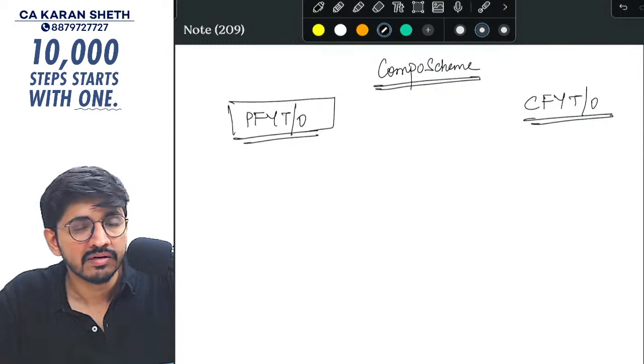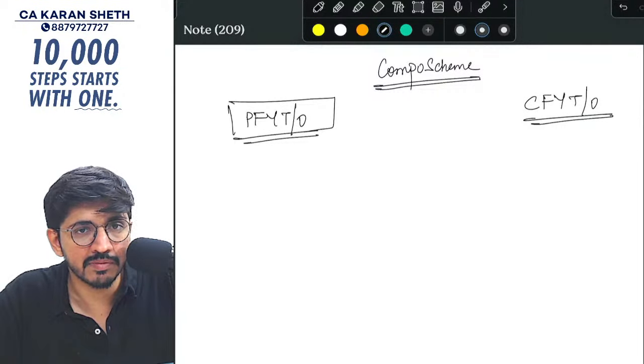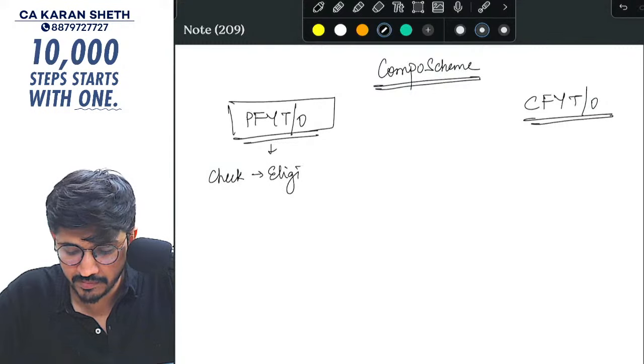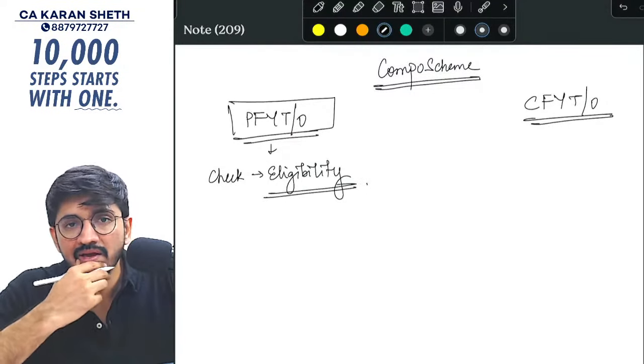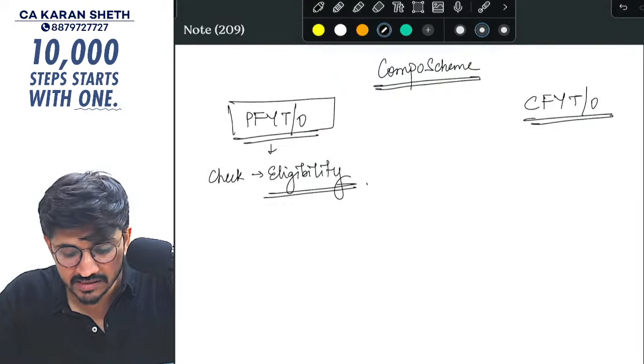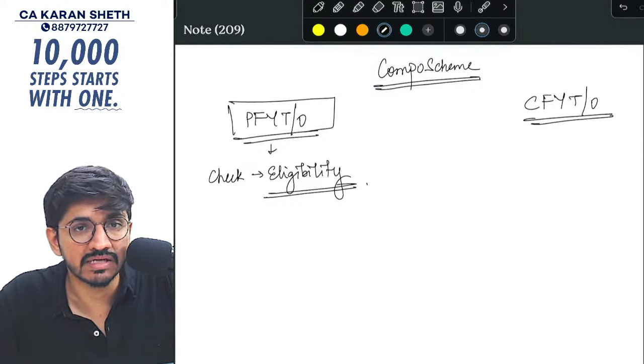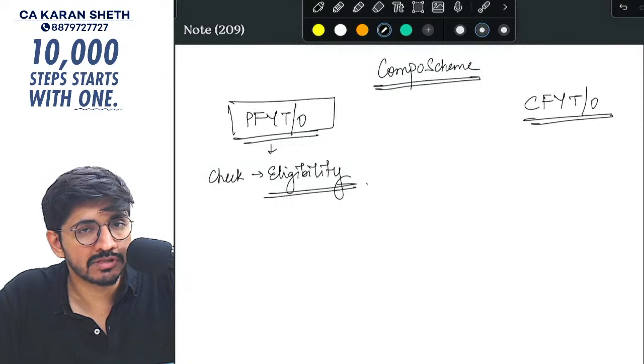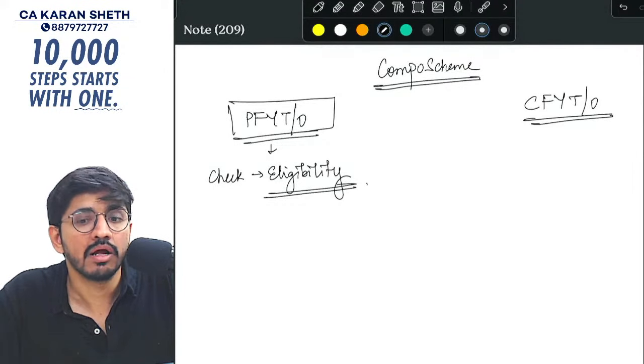Very simple. The reason is that we want to check the eligibility of the person, whether he is able to take composition scheme in the current financial year or not.